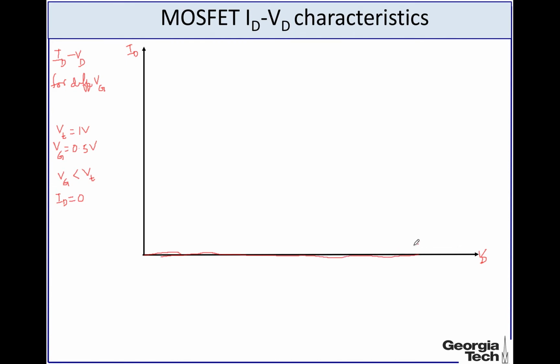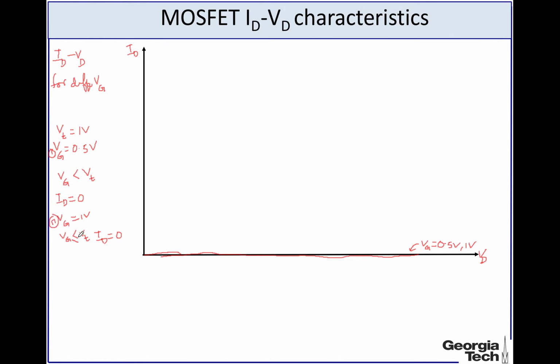This curve is for VG equals 0.5 volts. Now when you have VG equals 1 volt, VG is equal to VT, and in this case our drain current will also be 0. So as long as VG is smaller than or equal to 1 volt, the current will be 0. Let's say this is our case 1 and this is our case 2.